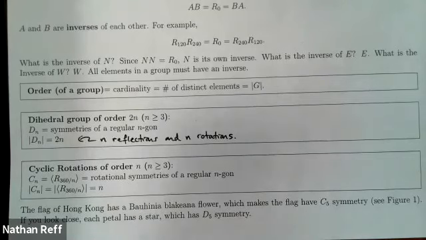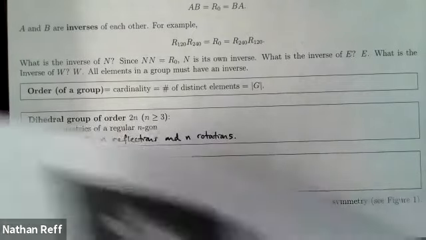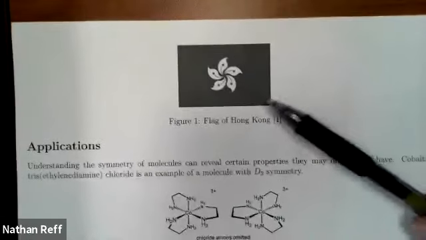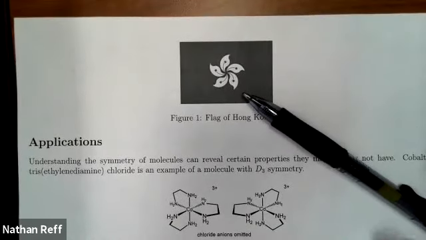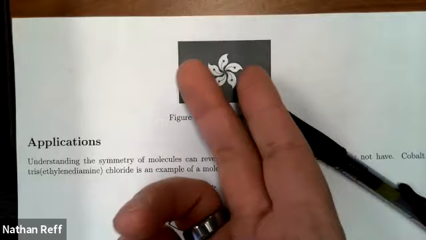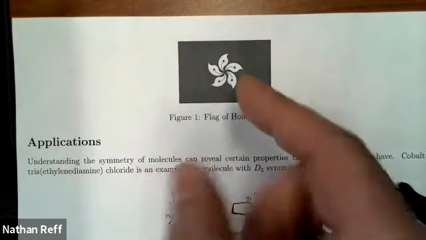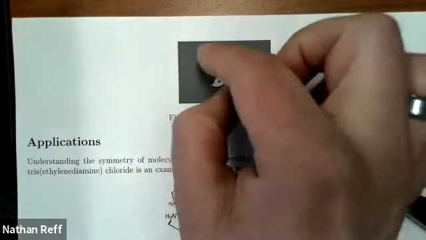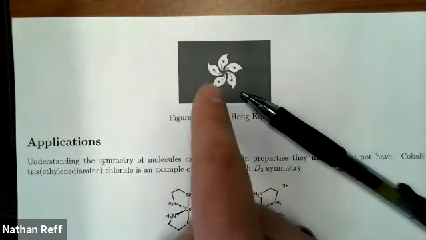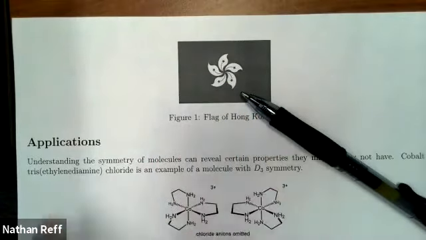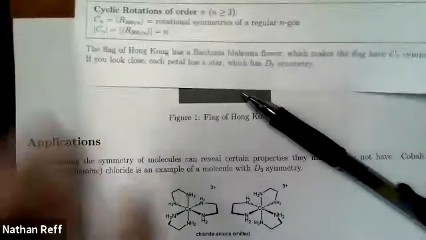The flag for Hong Kong is an example. So this flag here, right? The flag for Hong Kong. If I reflect this, I'm not going to get the same thing, right? But I can rotate it, and do you see that it has C5 symmetry, instead of saying D5?